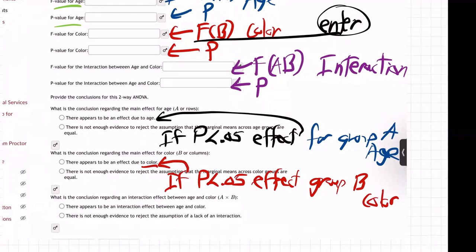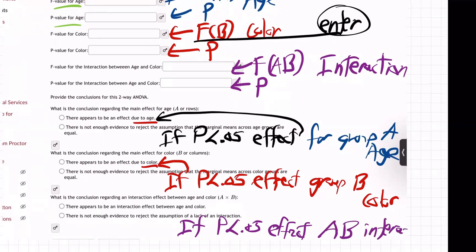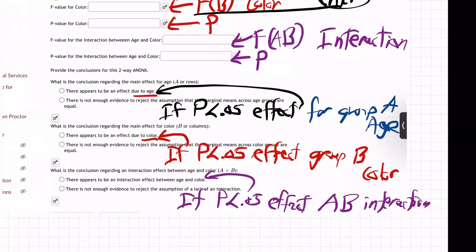Okay, so it's color. This one was age. And then finally, if the p-value is less than 0.05, then there's an effect for the AB interaction, which is the color and the age interaction. You would say yes, if that's the case.